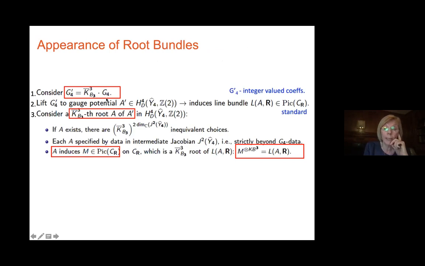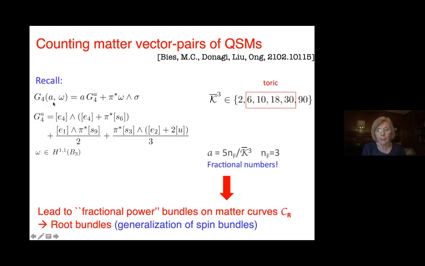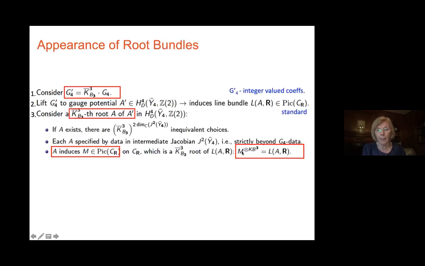Let me multiply this four-form flux by the triple intersection of anticanonical divisors, since this A is proportional to that. So this means that this new flux is integer valued, and this new flux induces a standard line bundle.